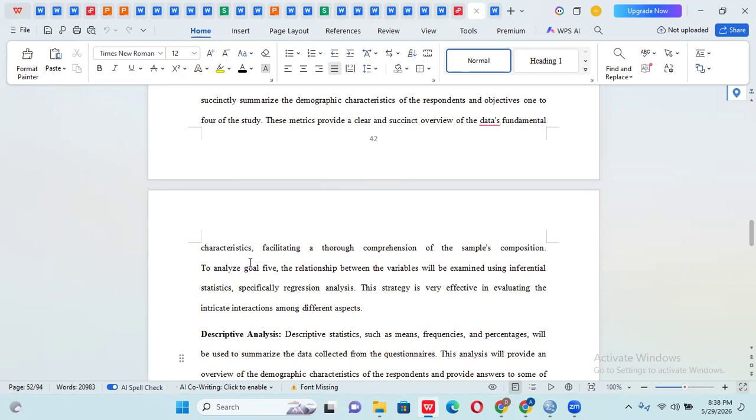Are you with me? Your methodology and data analysis techniques must correlate with your objectives. Based on what I just read, there's no correlation, because for objectives 3 and 4, we ought to use inferential statistics, meaning that descriptive analysis ought to go for only objectives 1 and 2.